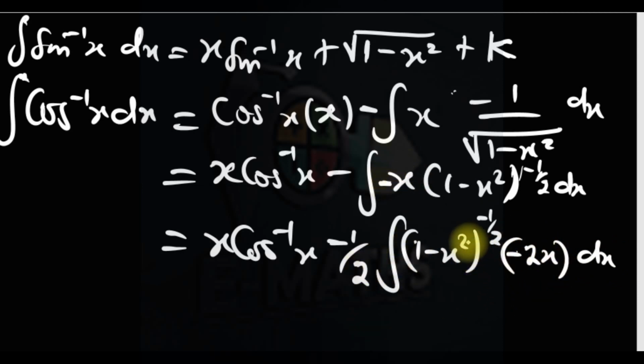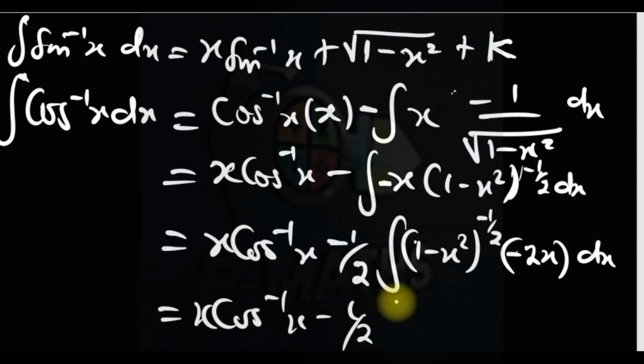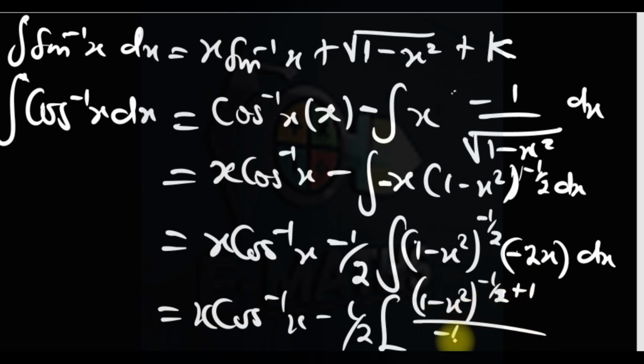So we now have that if you differentiate this, I have minus 2x, so the integral is now, our f(x) is this, so 1 minus x squared to the power minus half plus 1 over minus half plus 1, plus k. So let's just simplify.